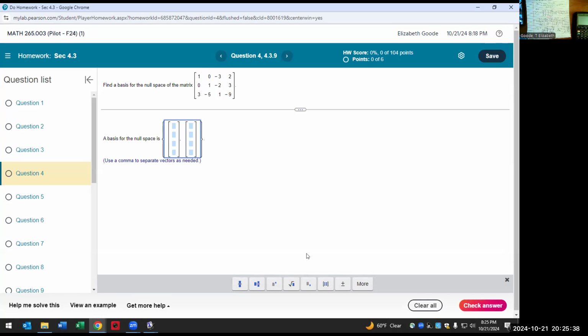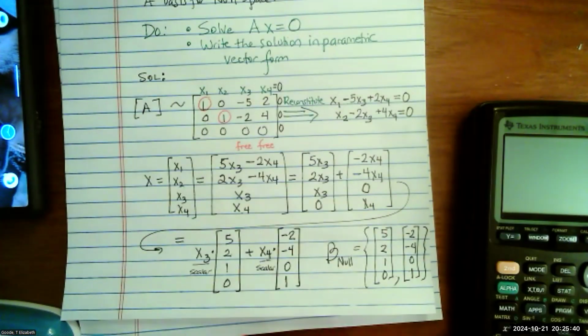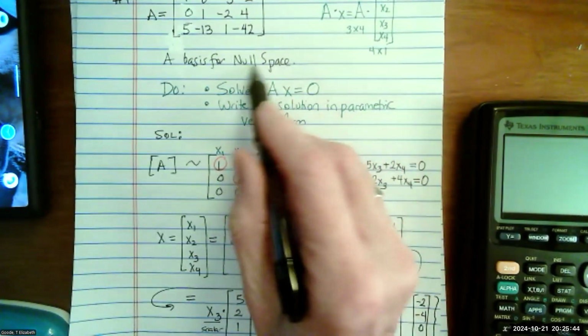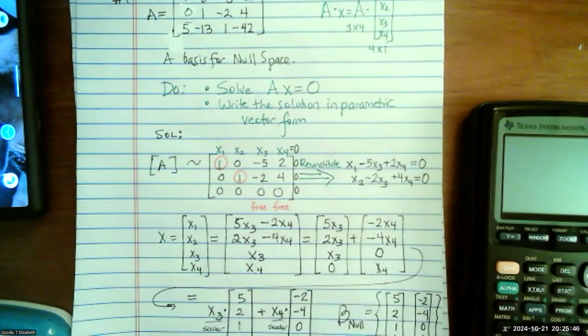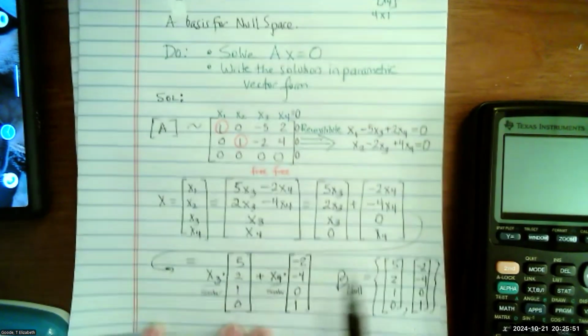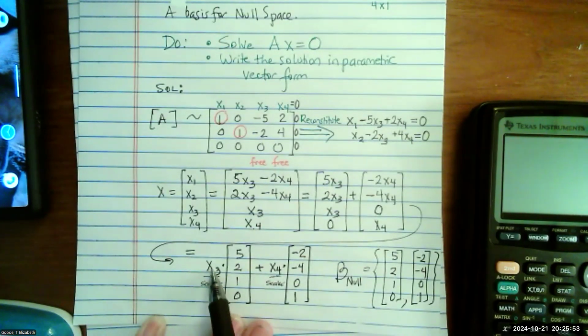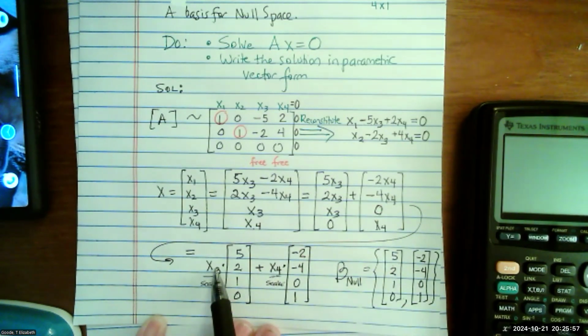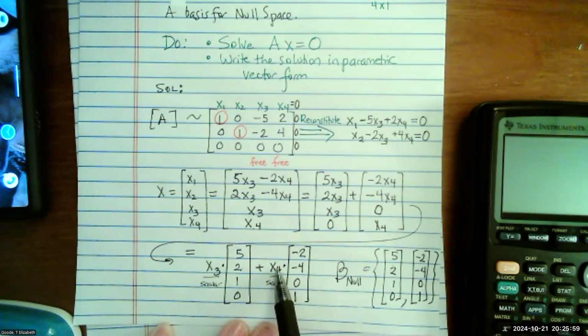So that's the way that we solve for the basis for the null space, because the null space is the space that is the solution set to Ax equals 0. This is a linear combination of these two vectors. x3 can be any scalar. x4 can be any scalar.